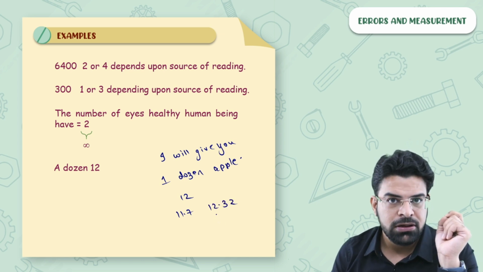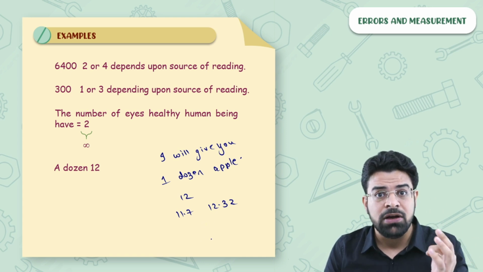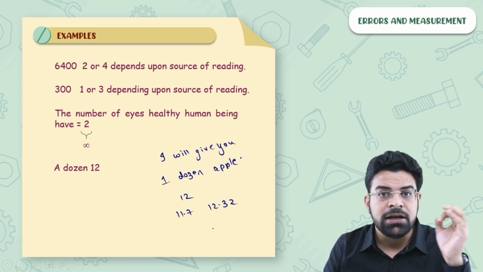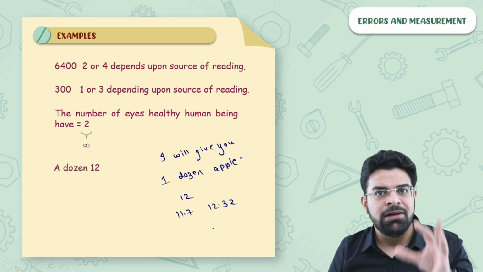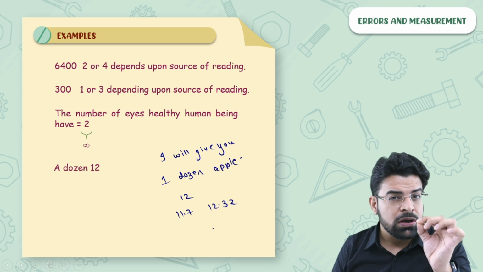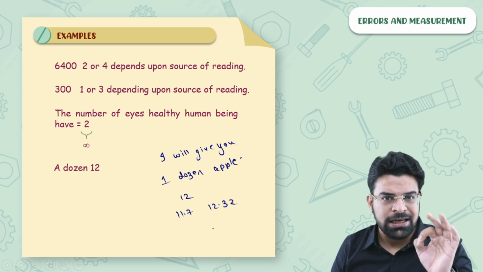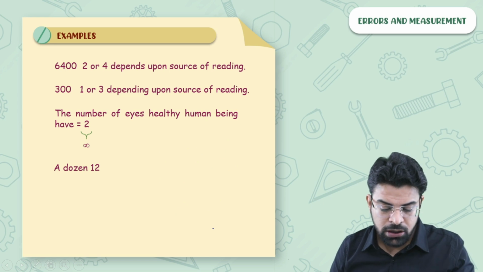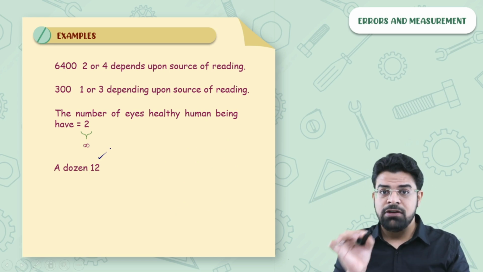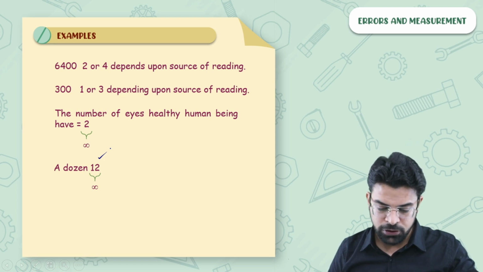You will say, no sir, a dozen means 12. A dozen means exactly 12. That's how it is defined. So when I say I will give you a dozen apples, it means exactly 12 apples. Not a little bit more, not a little bit less. So a dozen, when we say 12, this 12 has an infinite number of significant figures.